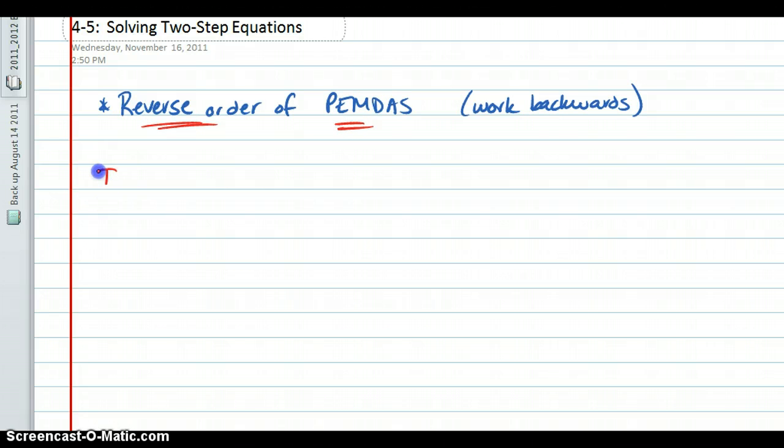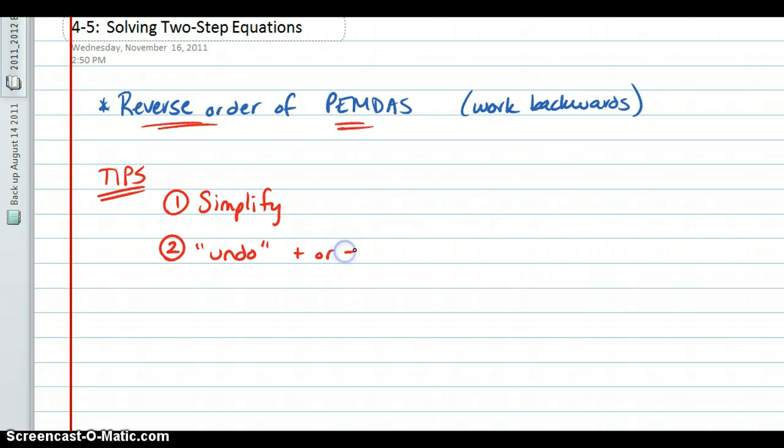Some other tips. Steps you could follow. 1, simplify if possible. 2, you need to go in the reverse order of operations, so you want to undo any addition or subtraction that you have.